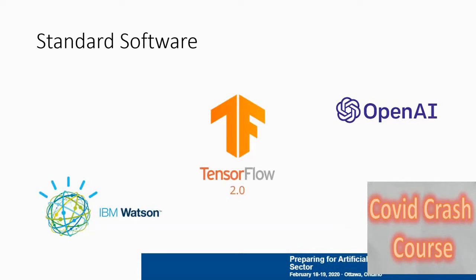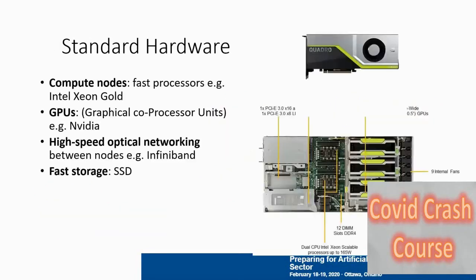I've set up TensorFlow deployments in Amazon and Azure for users to experiment with. And OpenAI is another approach, another framework for doing machine learning, and that's an industry consortium supported by Elon Musk.